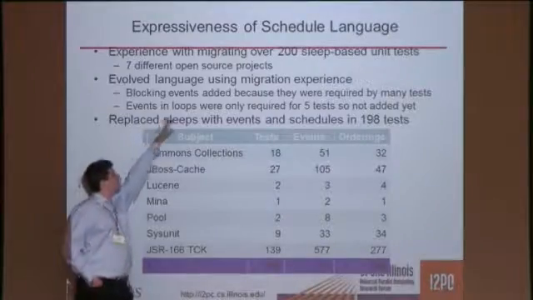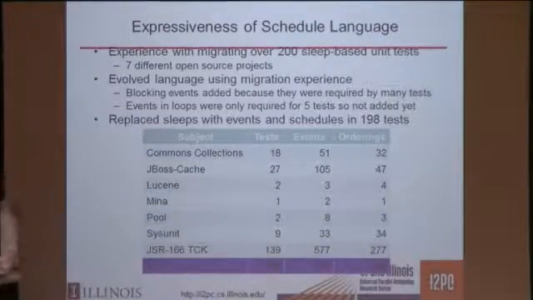So we cannot actually use this as general purpose programming where you would enforce ordering between events, because we do not allow events to be repeated. The reason was simply that we did not need that for tests. If you wanted a more expressive language, that's something we consider future work, but it would make the language much more complex and potentially less likely to be adopted because of that.